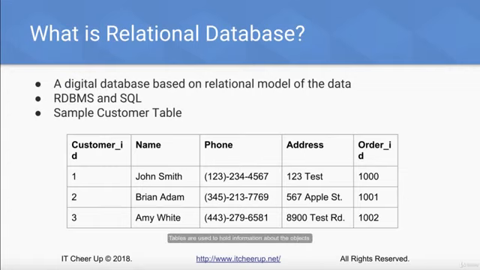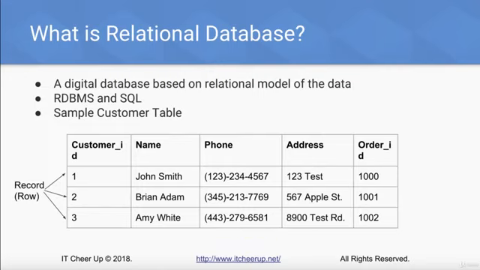Tables are used to hold information about the objects to be represented in the database. So the customer table represents customers in the database. The rows or the records in the table represent a collection of related values of one object or entity.